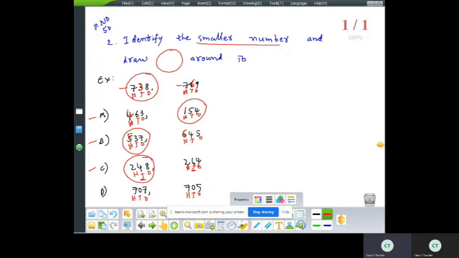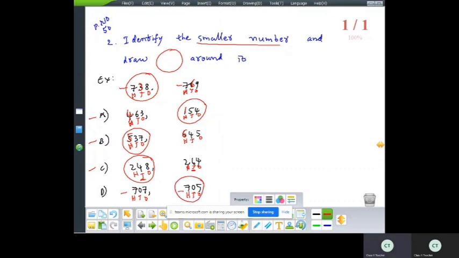The digits in the tens place are 0 and 0. Again the same: 7, 0 and 7, 0 are the same. Next, we compare the digits in the ones place. The ones digit is 7 here and 5 here. From 7 and 5, which is smaller? 5 is smaller than 7. Then 705 is the smaller number.